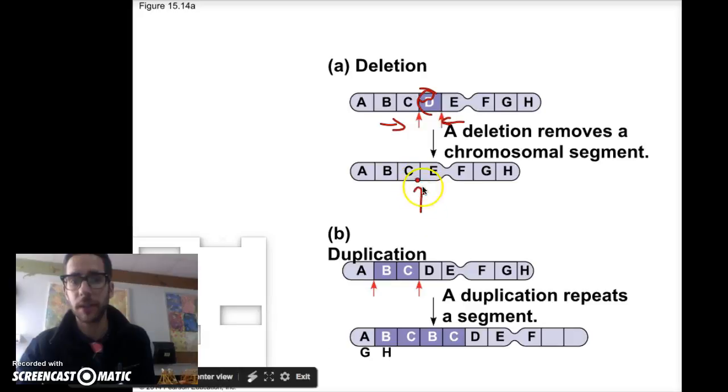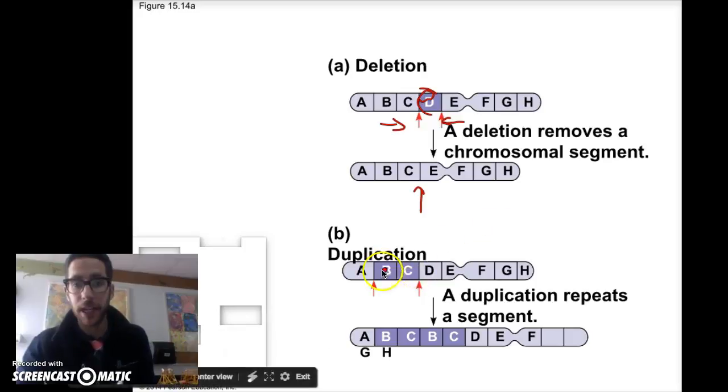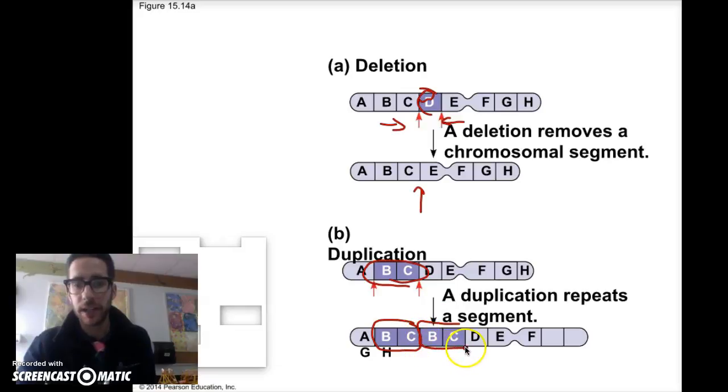And that's particularly important because if we are looking for the determination of one gene, if we have two genes and one of them is missing, it doesn't matter what the other version is, that's the one that's going to be expressed. To the same regard, duplication causes some issues because if we have this B and C section, a duplication means it's not only in its normal position, it is also duplicated in a different position.